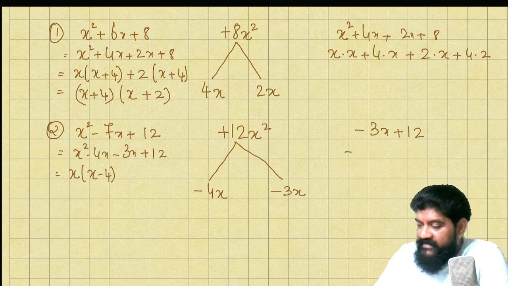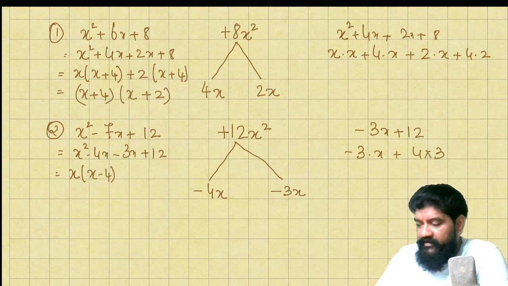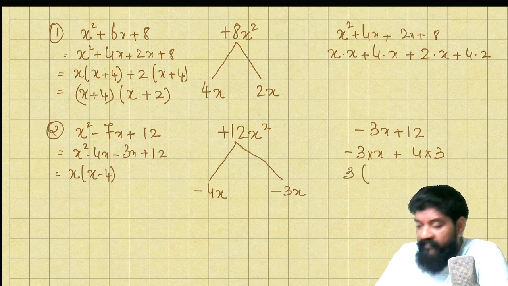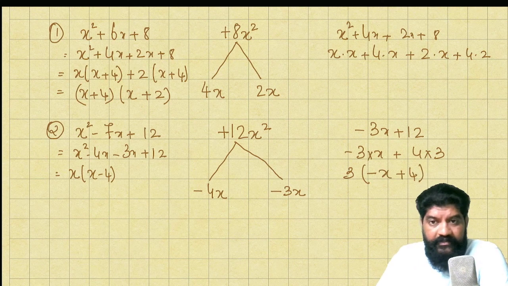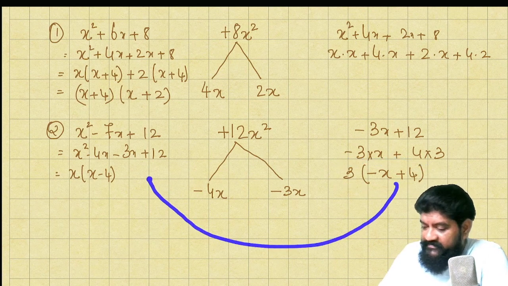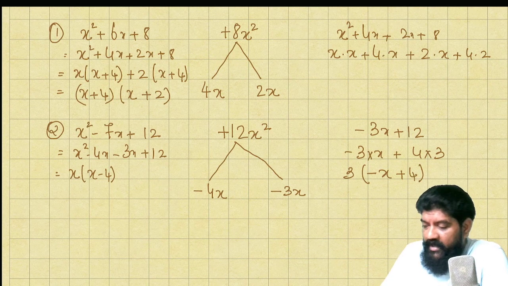This can be written as minus 3 into x plus, well, I can factorize this as 4 into 3. In this case, I can take a 3 common out. If I did take a 3 common out, then I would remain with the minus x and a plus 4. If I take this over here, I will not be able to factorize it further because nothing would be common after that.